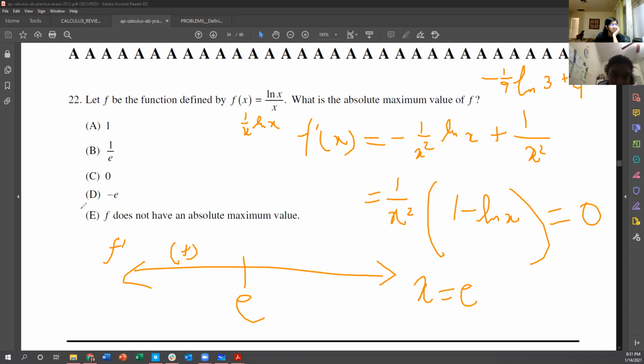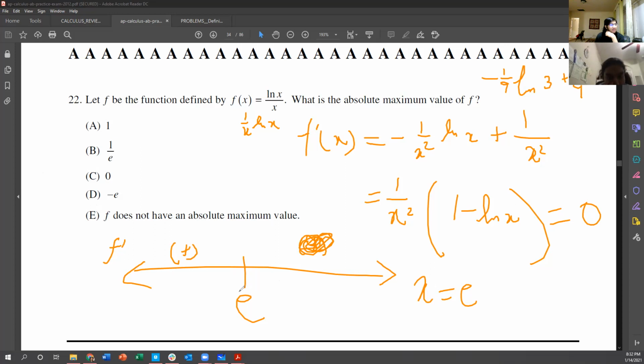It might be that it doesn't have an absolute max, because if this is positive, then it's continuously increasing. However, e isn't even an answer on here, is it? Yeah, e isn't.